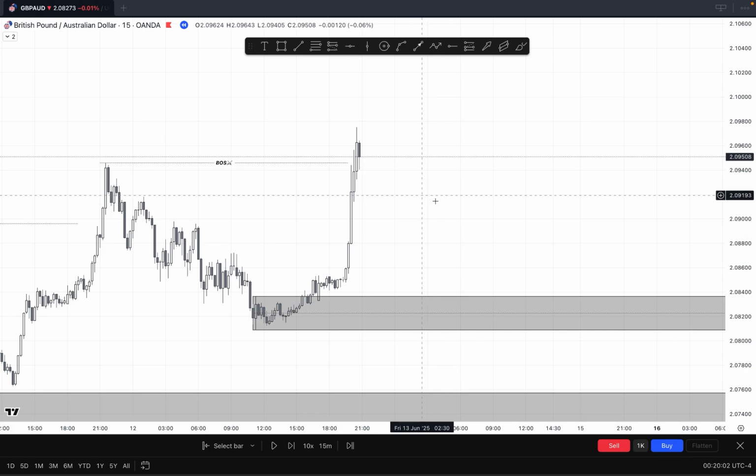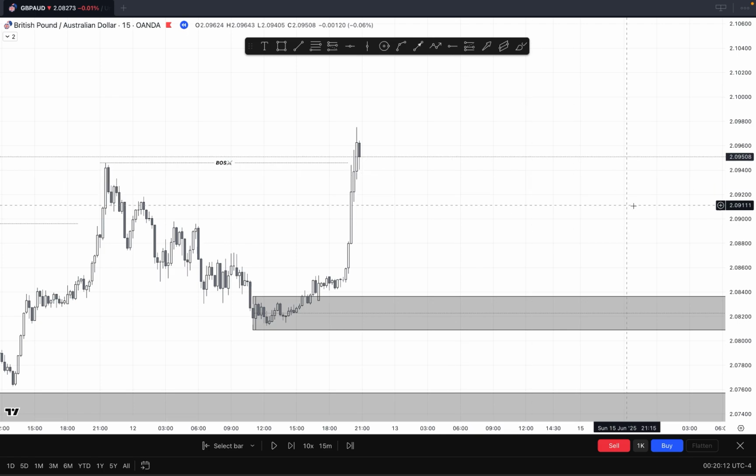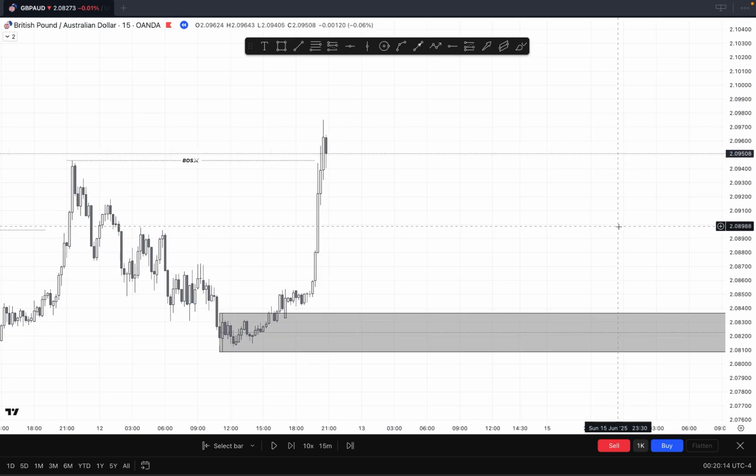Whenever I get the reaction I want from that specific zone, that would be more of following the overall trend. So I trade the inside trend until it reaches the point of interest, and I'll target the outside or the higher TP or higher market structure.